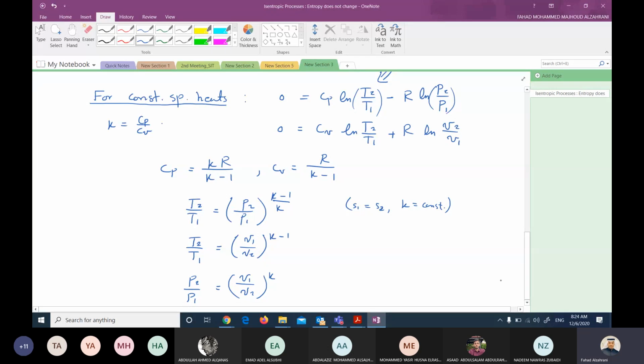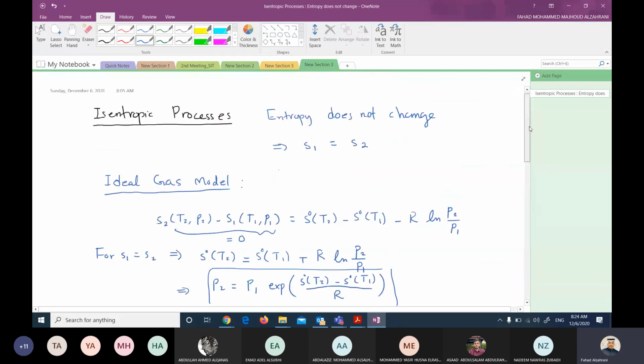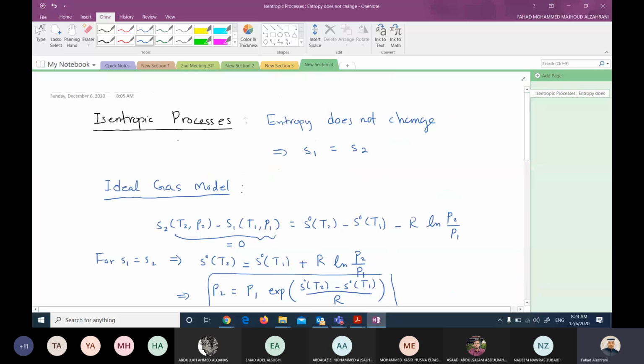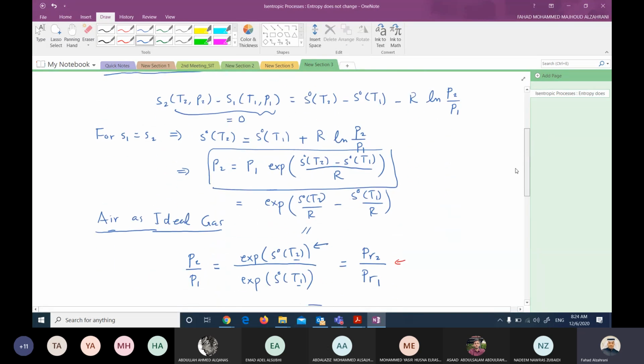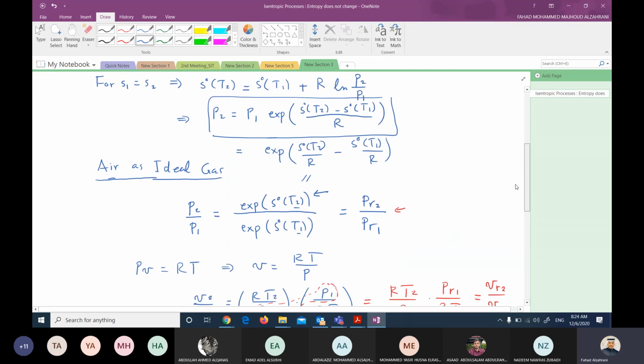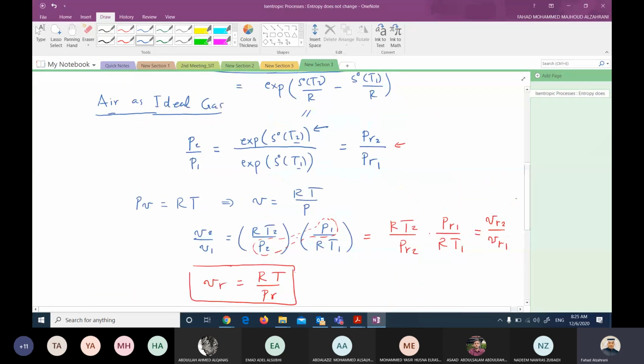All right. Any question here? So I'm trying to go a little bit fast so that we try to finish, we don't take much time. But any questions? It's also important to understand. So as a summary, what did we do? We were talking about isentropic process. We have seen some of these relations before, but for isentropic process, we have s1 equals s2. So if you apply that for ideal gas, we get these different relations.